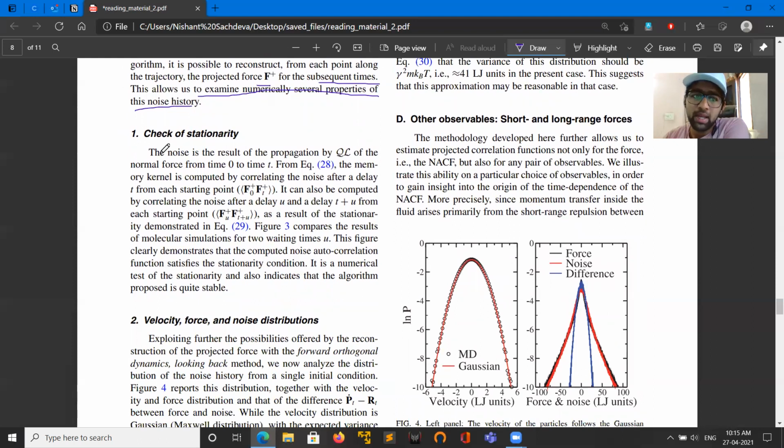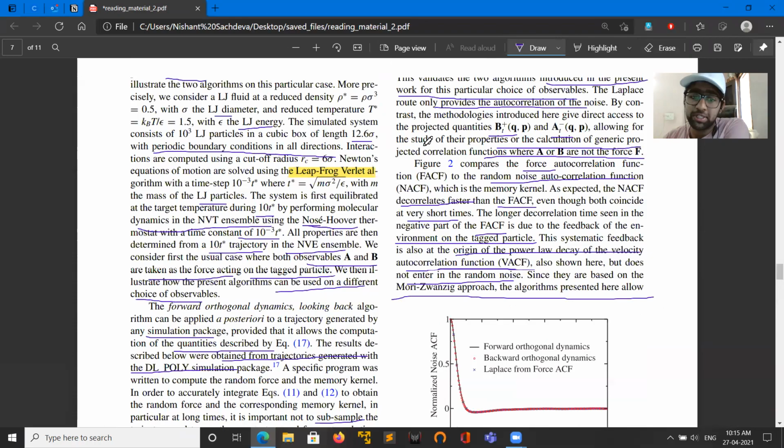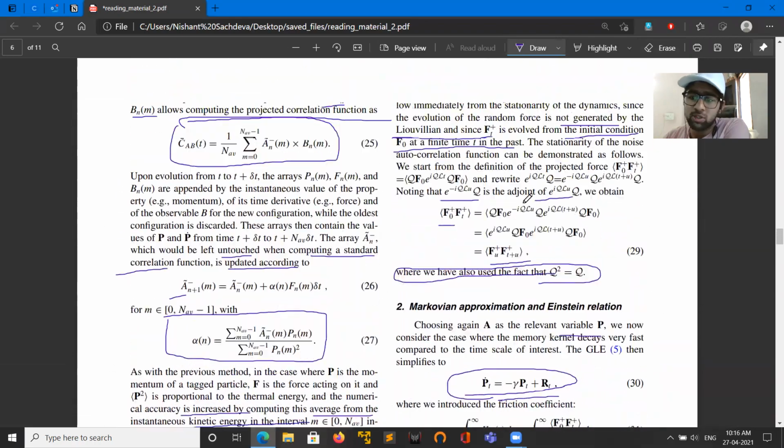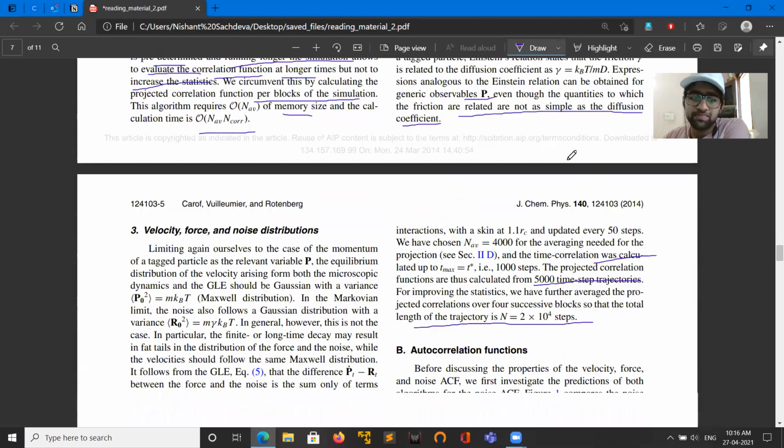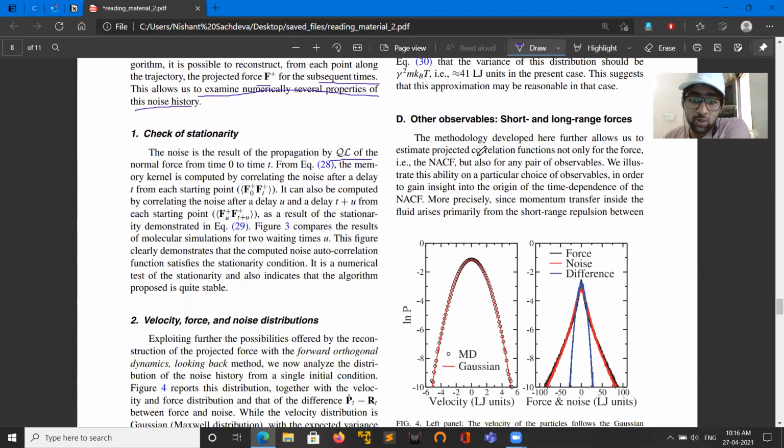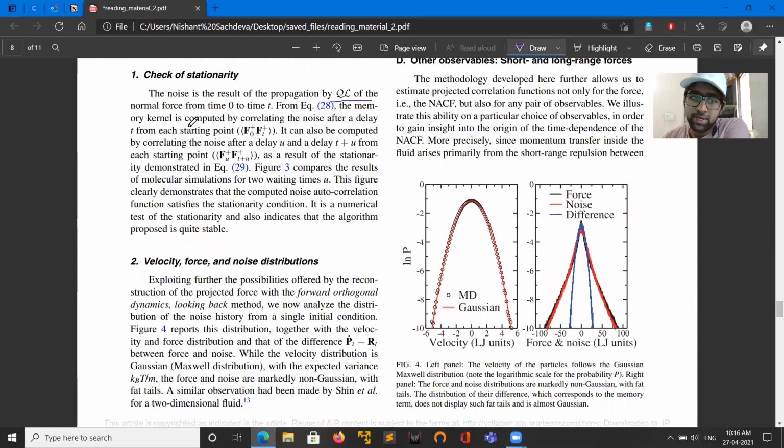Check of stationarity. The noise is the result of the propagation by QL of the normal force from time 0 to time t. From equation 28, which we saw above, the memory kernel is computed by correlating the noise after a delay t from each starting point.